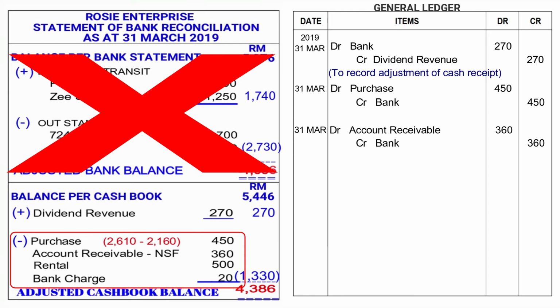Good. We move to debit rental 500 ringgit, credit bank 500 ringgit. And the last one, bank charge 20 ringgit and credit bank 20 ringgit.